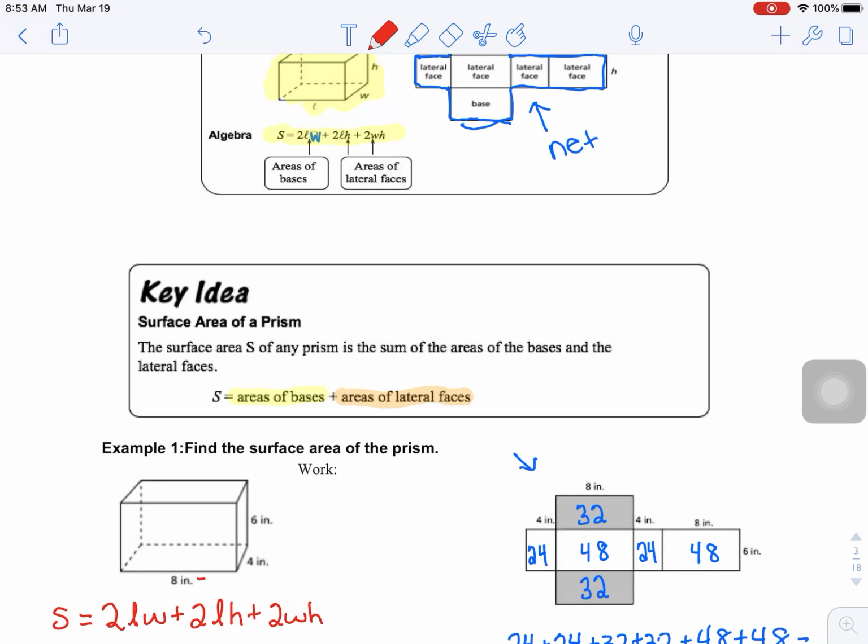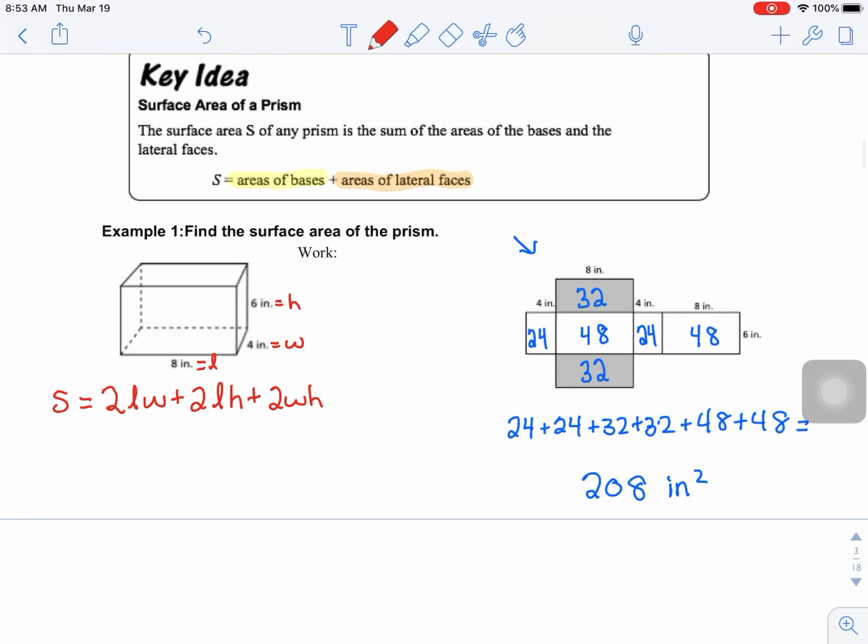You can see that 8 would be L, 4 would be W, and 6 would be H. If I plug those in now, S equals 2 times 8 times 4 plus 2 times 8 times 6 plus 2 times 4 times 6.